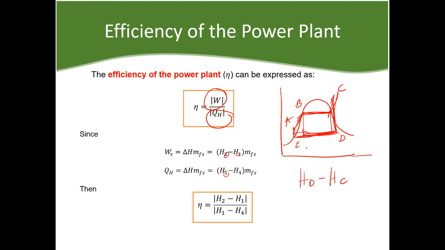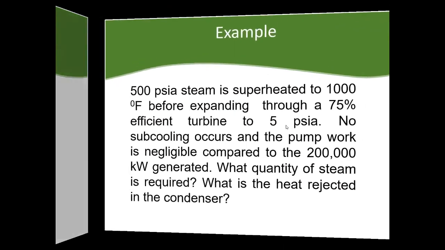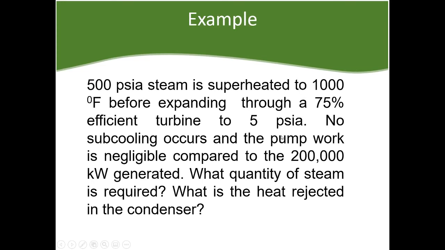Tapos, yung absorb na heat ko ay H_C minus H_A. Yun. So, not necessarily gagamitin mo. Basta yung work dyan is yung sa turbine, ito sa boiler. Okay? So, yung next na video, we will answer this sample problem.